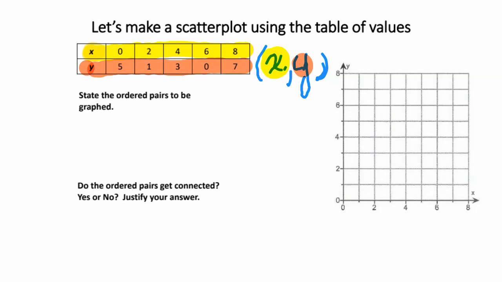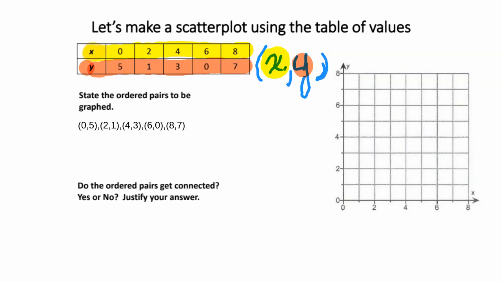So that means when I write my ordered pairs, it will be 0, 5, 2, 1, and then I have 4, 3, 6, 0, 8, 7. These are my ordered pairs. The yellow number is coming first, followed by the orange dot.